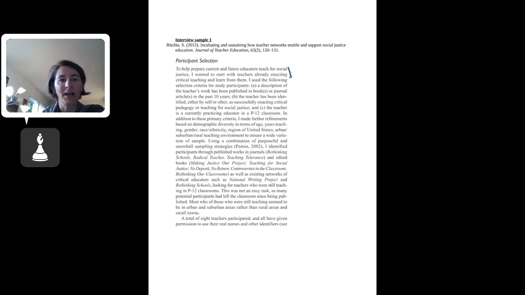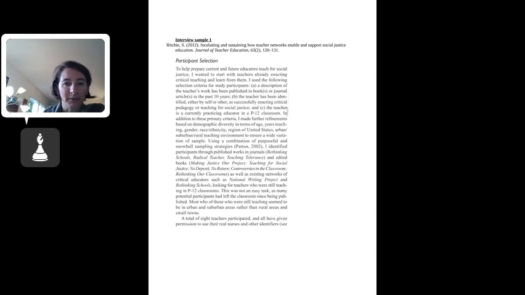So now she's saying, here's the theoretical basis of the sampling I want to use. I use the following selection criteria. The description of the teacher's work has been published in book or journal articles, and the teacher has been identified as successfully enacting critical pedagogy or is a currently practicing educator. So these are the initial selection criteria. Kind of difficult, actually.